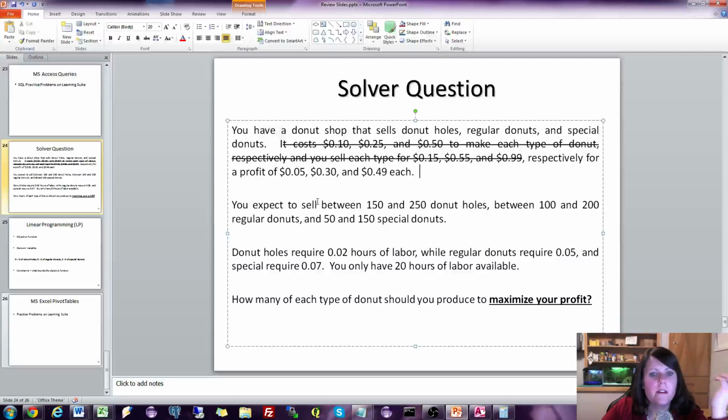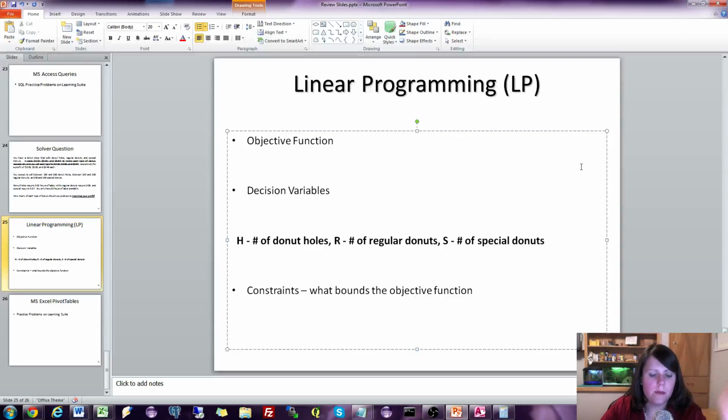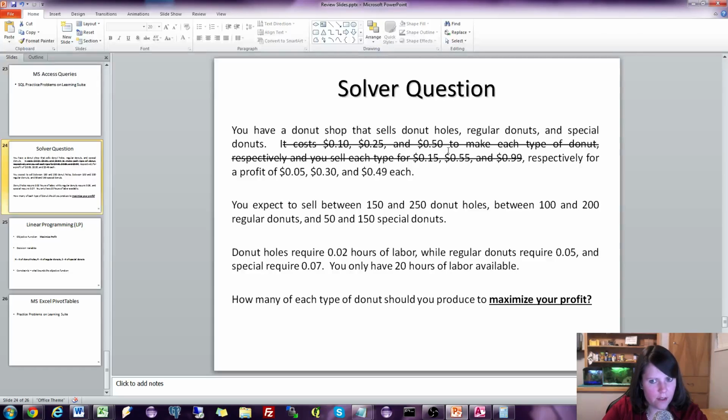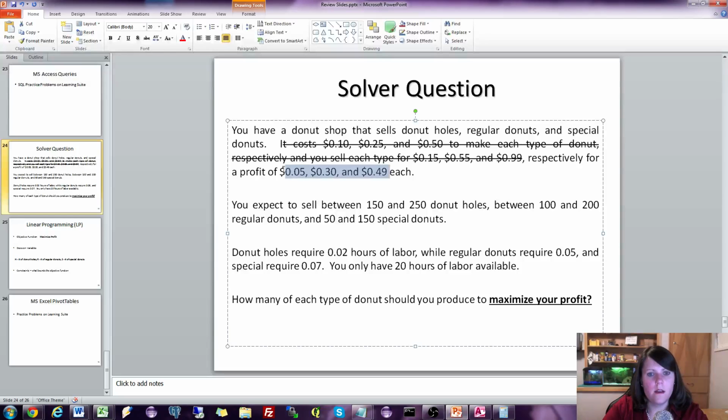So if you think about it in terms of linear programming, what are we maximizing? We're maximizing profit. So how do we characterize profit? Well, how much do we sell each type of donut for? It tells us, and so we just need to decide how much we sell each individual donut for, and then add those things together.